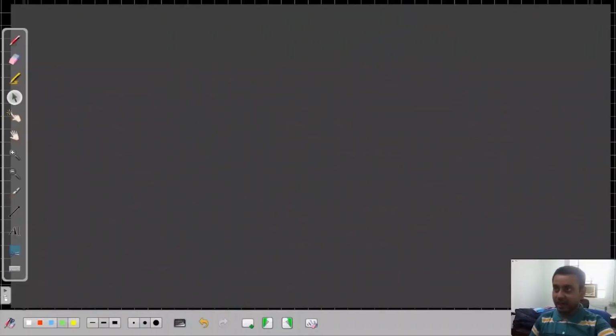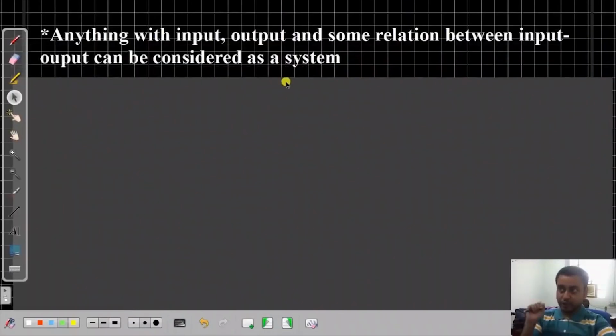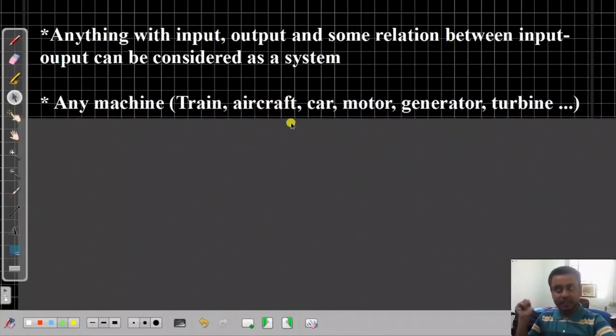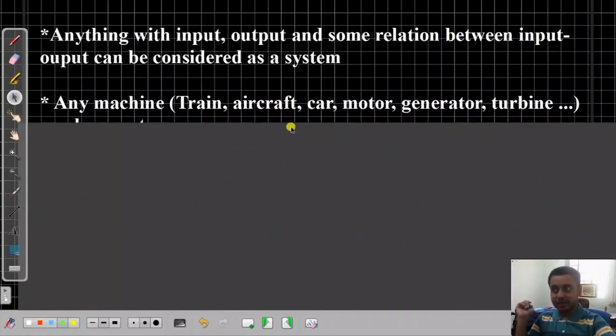The amount of steam that you feed is the input, and the power or speed of the turbine is the output. So any machine, any object which has input, output, and some relation between its inputs and outputs, can be considered as a system. So that is what I said. Any machine is a system.